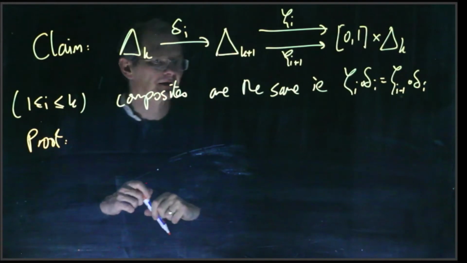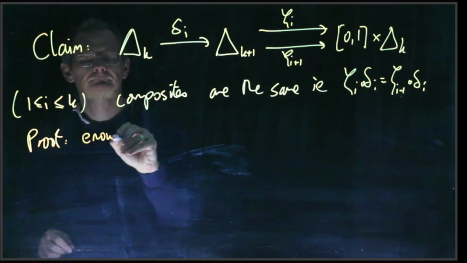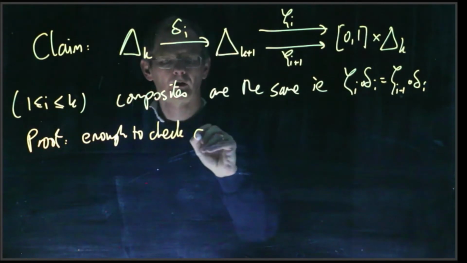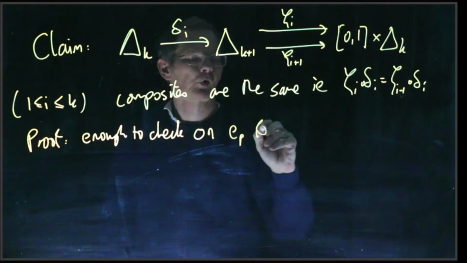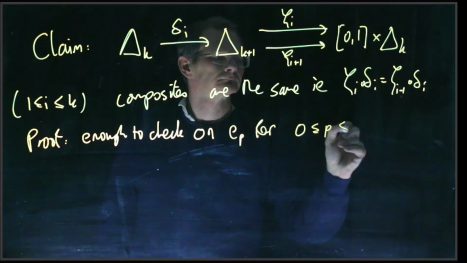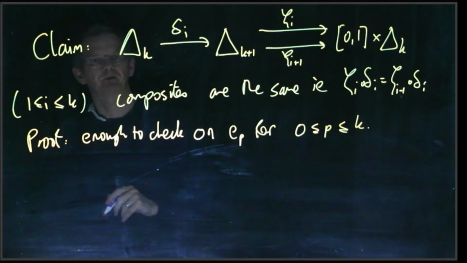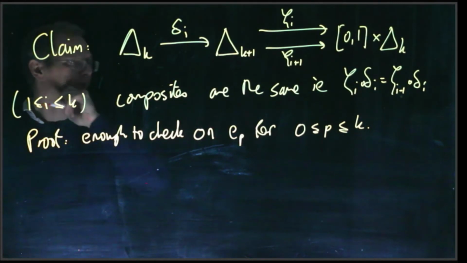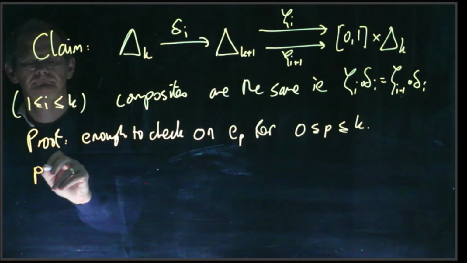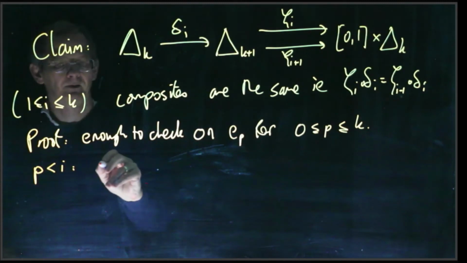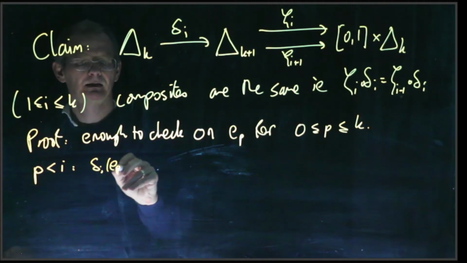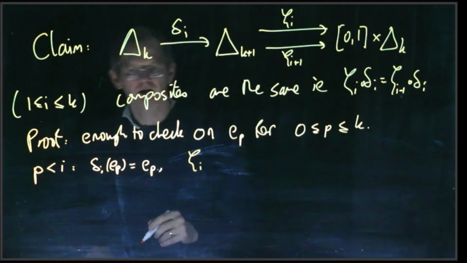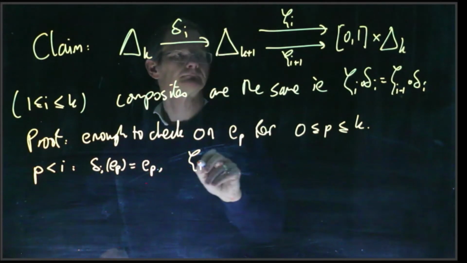And so again, it's enough to check on EP, from P running from 0 up to K. Suppose P is less than I. Then delta I of EP is EP, and then zeta I of EP.